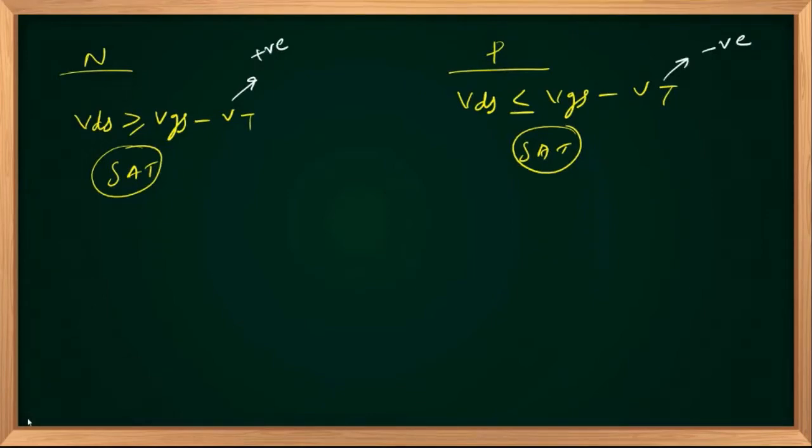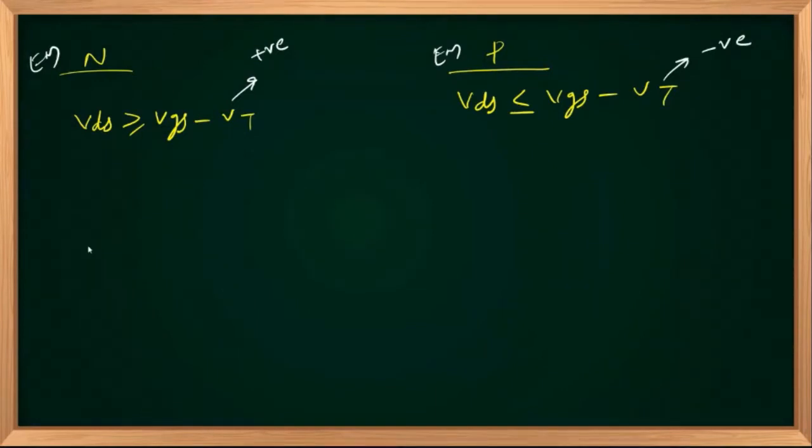Anybody without understanding the condition for saturation in the case of N channel, P channel? Let us discuss only enhancement mode P, enhancement mode N. Right, I think it's clear, right? And in your different textbooks, you will see different expressions corresponding to this that you can also write, no issues.